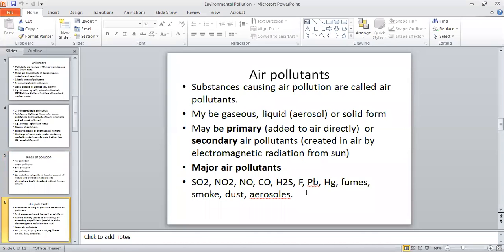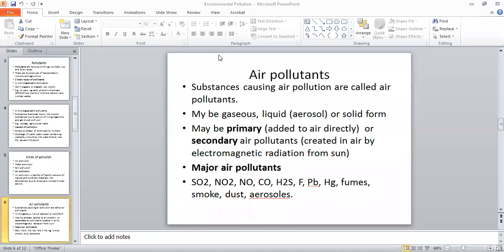What are the air pollutants now? The substances causing air pollution are called air pollutants. They can be in the gaseous form, in the liquid form, for example aerosols, or they may be solids as well.